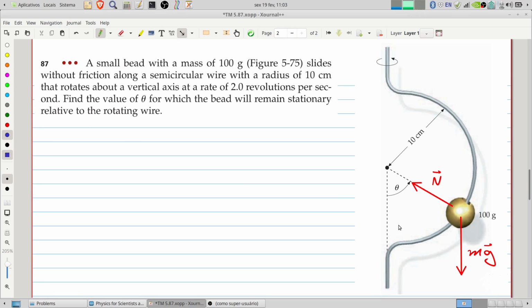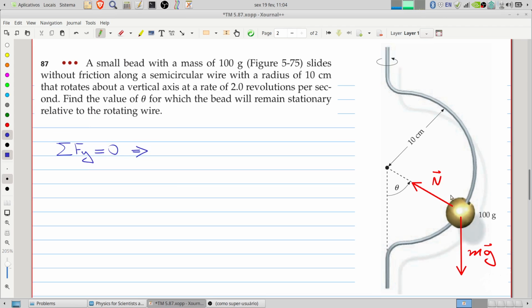So we use the second law of Newton. As we don't have any movement in the vertical direction, we can write that the sum of the forces in the vertical direction must be 0. So we'll have N, the normal force, the reaction force, projected in the vertical direction.